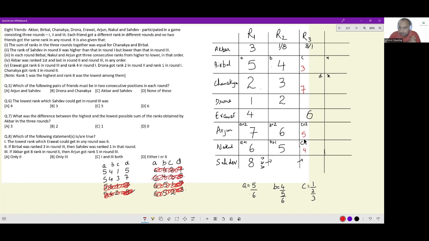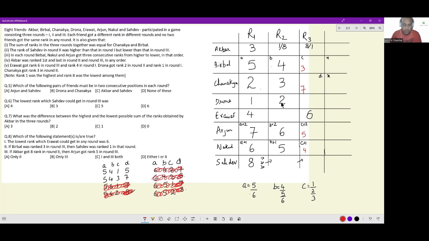For round 3, the ranks that are not allocated so far are rank 1, 2, and 8. Look at Drona.